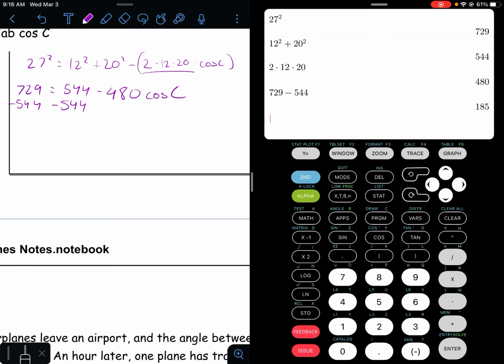Minus 544 gives us 185 equals negative 480 cosine of C, and then we're going to divide by negative 480. I keep forgetting to say negative.